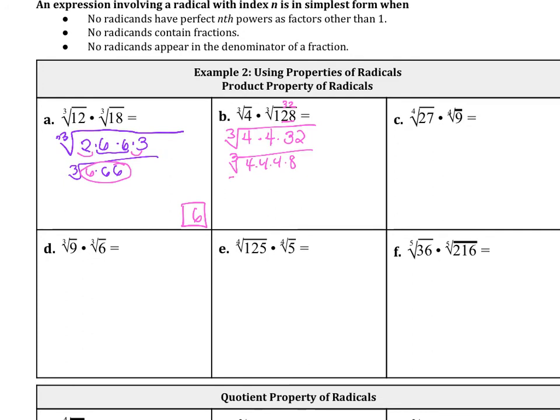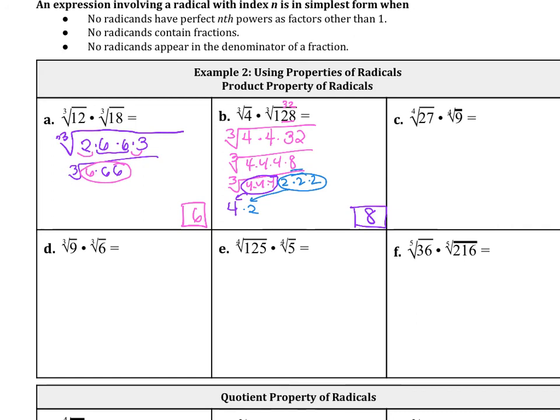And 8 breaks down to 3 2's. Now if I circle my triplets, 3 4's and 3 2's, it comes out as a single 4 and a single 2. And therefore, the final answer is 4 times 2, which is 8.